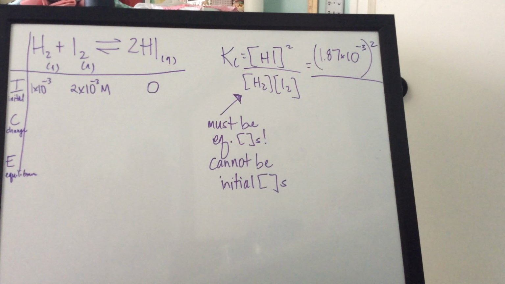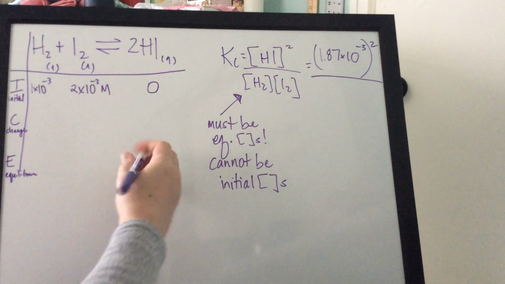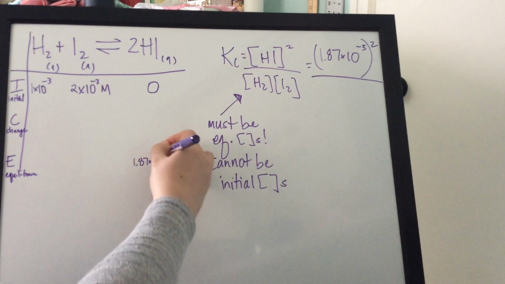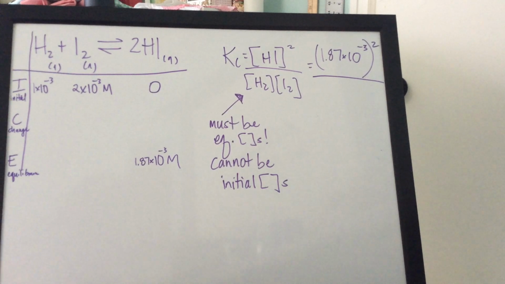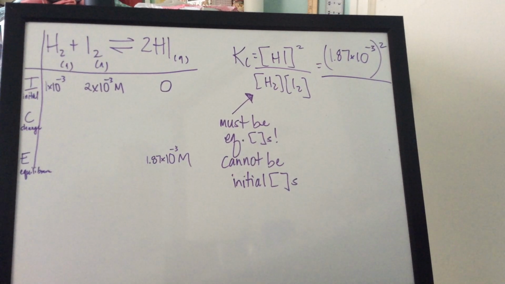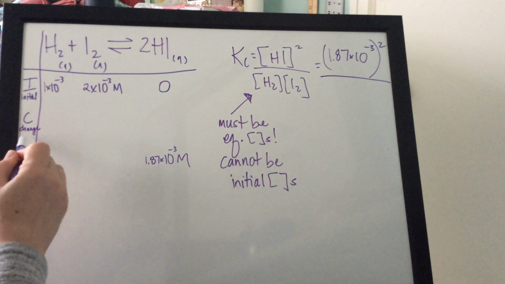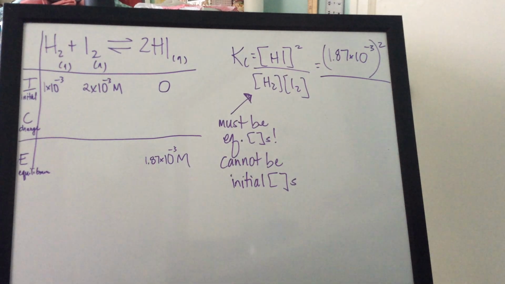Okay, so now, I do know one other piece of information, and that is that at equilibrium, the concentration of HI is 1.87 times 10 to the negative third molar. How do I know that? The problem told me that. Okay, they came out and told me that value. So, actually, this is kind of like a big math problem, okay? So what I do is we're looking for how do these concentrations change over time, okay?